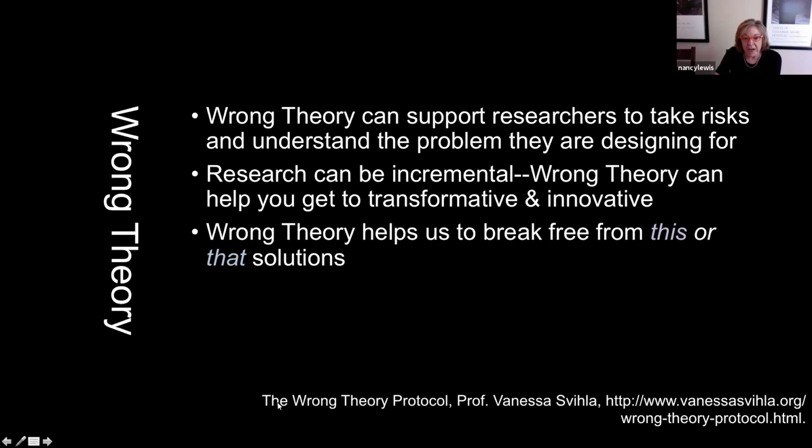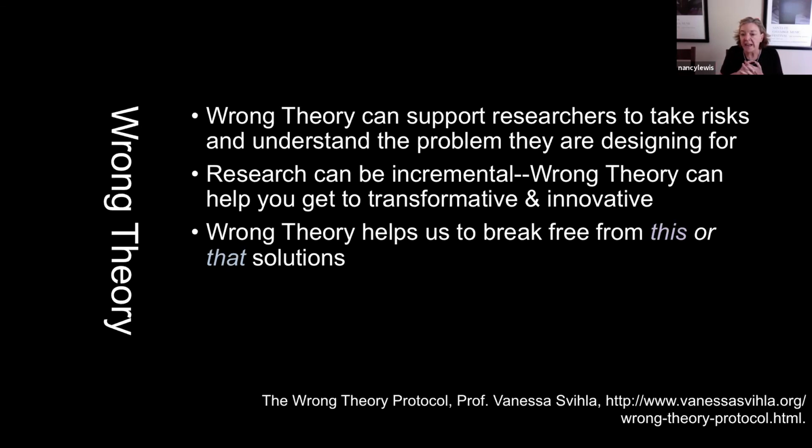And wrong theory is kind of, when you first learn about it, it's kind of like, what? So it's an invitation to come up with designs that are not just terrible, but even harmful or humiliating. And the reason that you do that is that it's believed that it helps you both understand the problem that you're designing for and helps you break free from kind of a this or that solution approach.